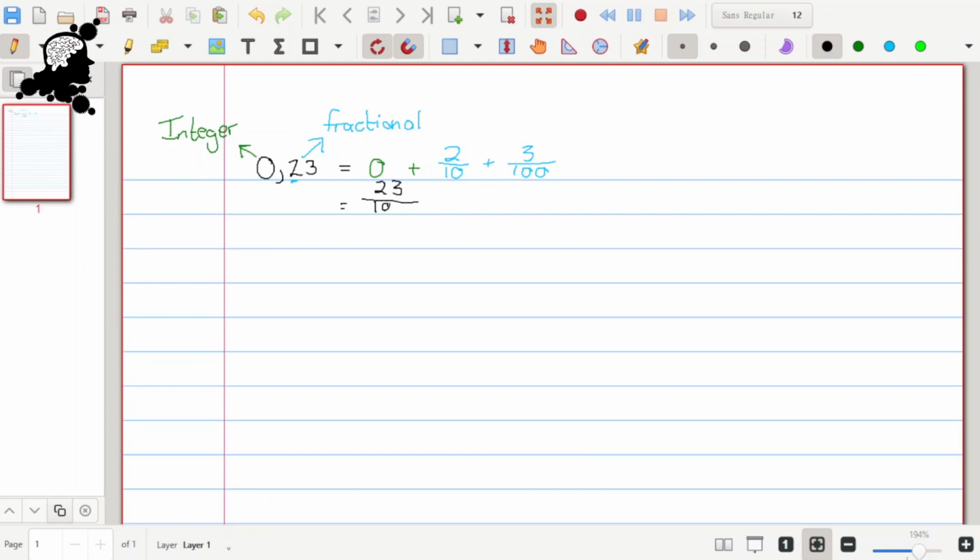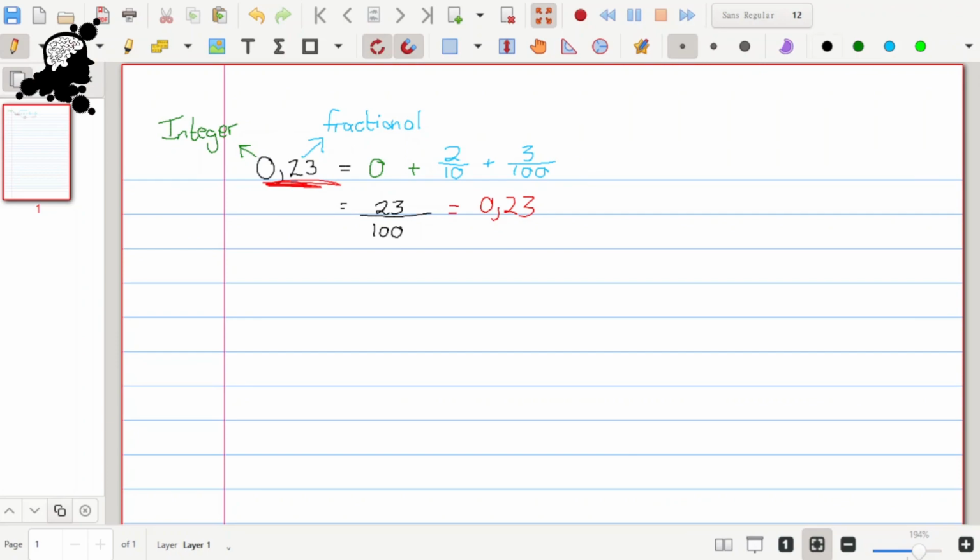This is 23 divided by 100. To check if your answer is correct, you can press 23 over 100 on your calculator. This is just for checking. You don't have to do this when answering the question. If you press 23 over 100 on your calculator, it takes you back to the decimal that we had initially.